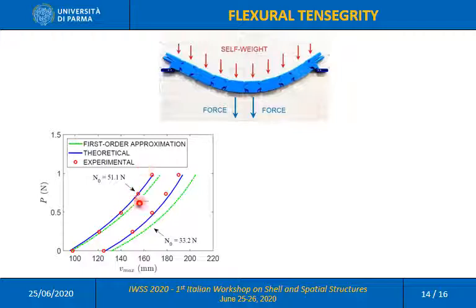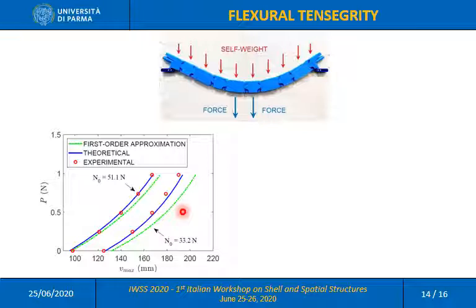The two series of graphs correspond to two different values of N0, 51.1 Newton and 33.2 Newton. It should be observed that the higher the tensile force in the cable, the more accurate the first order approximation, so that the green and blue curves are closer. This is because the increase of tensile force becomes percentually smaller with respect to an initial pre-stress.